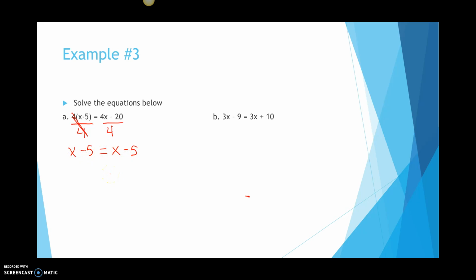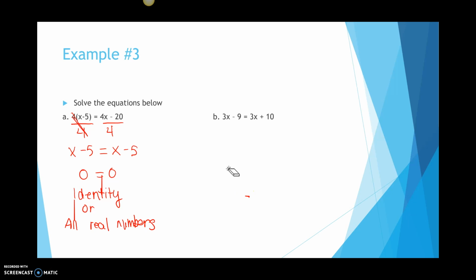Notice they're equal on both sides. I'm going to end up with 0 equals 0, and this is an identity situation. Or another way we would say this is all real numbers, where the left side equals the right side.